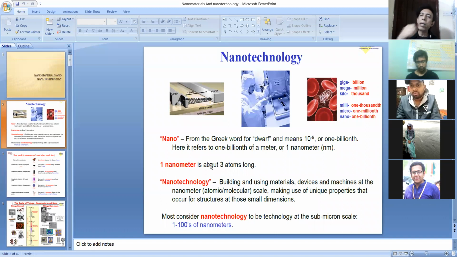We can build a nanoparticle of zinc sulfide, for example, or a nanoparticle of cadmium sulfide. So it is the work of chemists. Chemists solely work on building a nanoparticle.